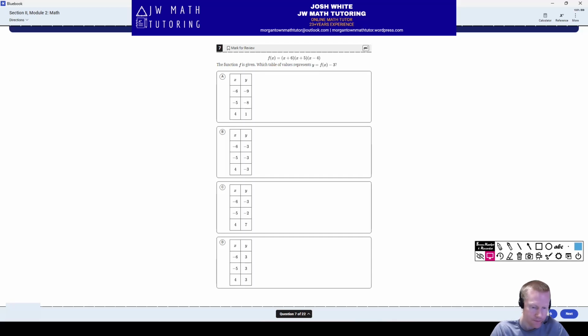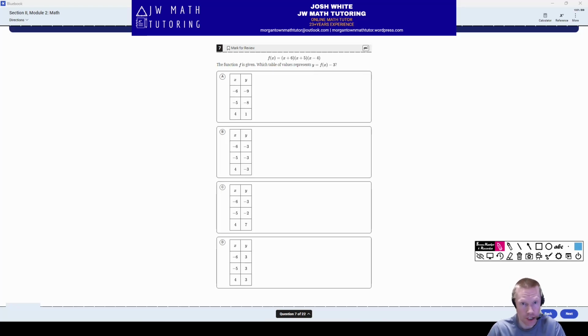All right. So here's the thing. If you notice, all of these x values, which are -6, -5, and 4, these are just the zeros of the function. Meaning, when you plug in either -6 or -5 or 4, one of these parentheses turns into 0, which makes the whole thing equal 0.